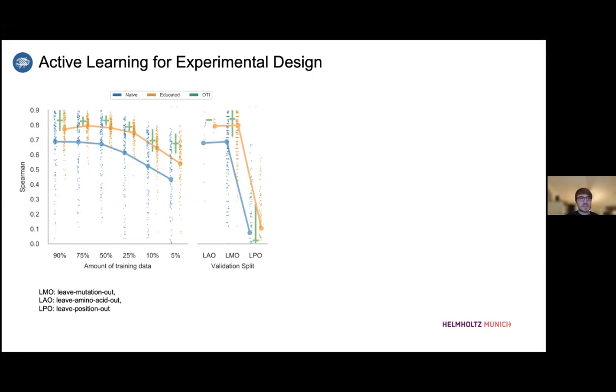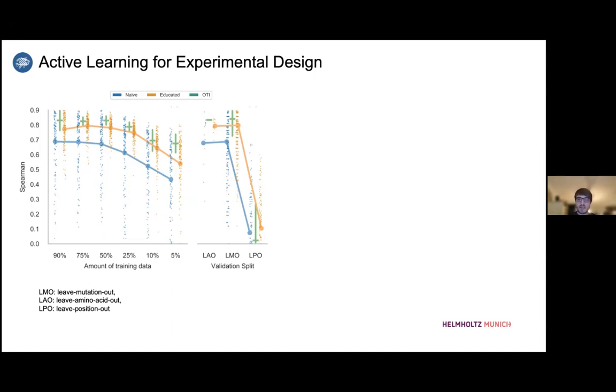And it also seems like it doesn't really matter whether we leave out certain amino acids, as long as they're distributed evenly across positions. But if you remove an individual position, then the performance will drop drastically. And then, of course, it depends on which position you're removing from the training data. But this overall means that we can drastically reduce the experimental burden as well.